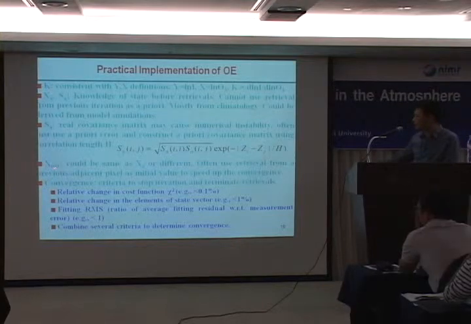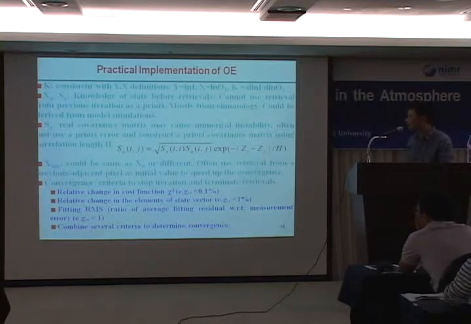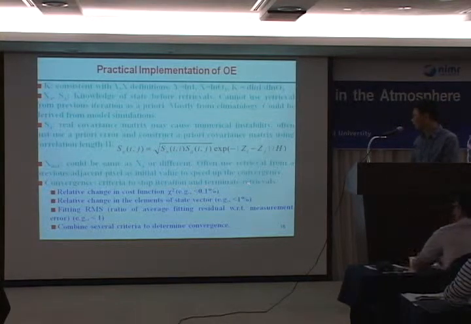The initial guess could be the same as the a priori, but could be different. In practice, we often use the retrieval from a previous or adjacent pixel to speed up the convergence. Because it's a nonlinear problem, it's an iterative process, so we have to determine how to stop the iteration and terminate the retrieval.